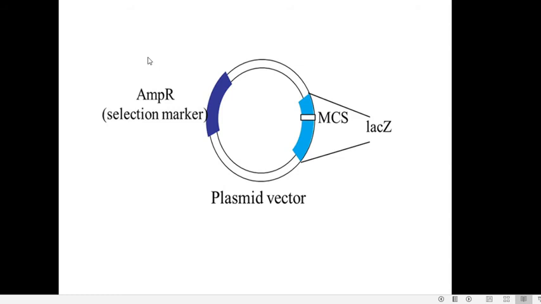As I mentioned earlier, this host E. coli cell normally will not have resistance to ampicillin. So if it is made to grow in an ampicillin containing medium, it won't be able to form colonies because it doesn't have natural resistance to ampicillin. But suppose it is having this vector, it will become resistant to ampicillin.